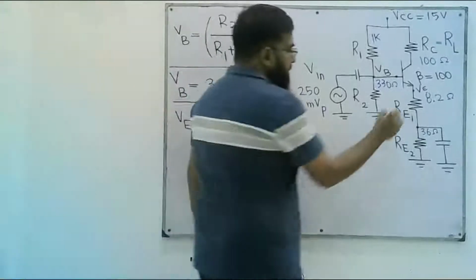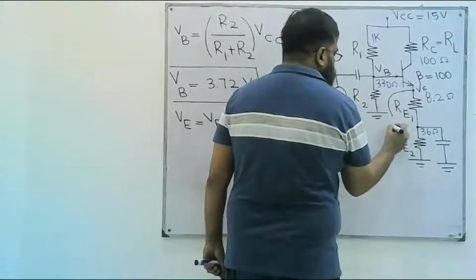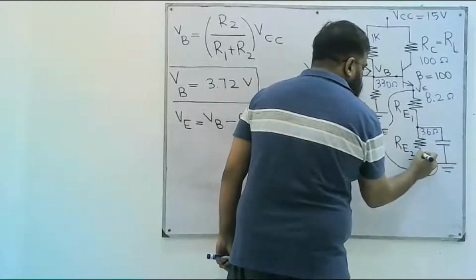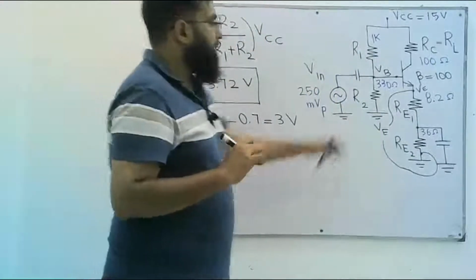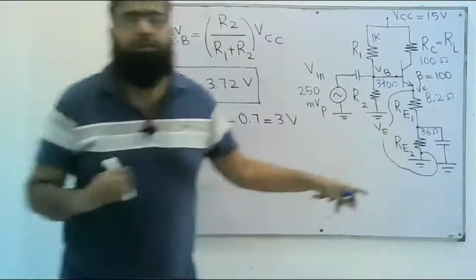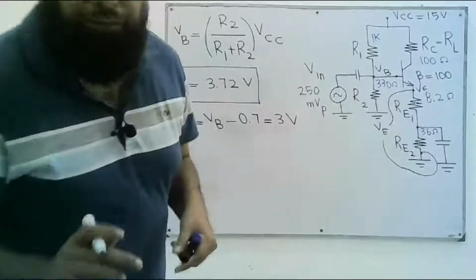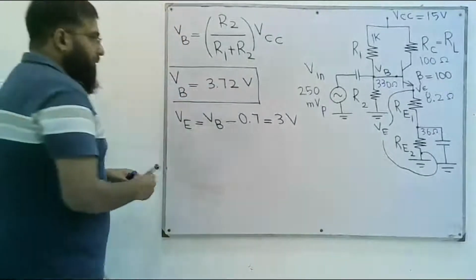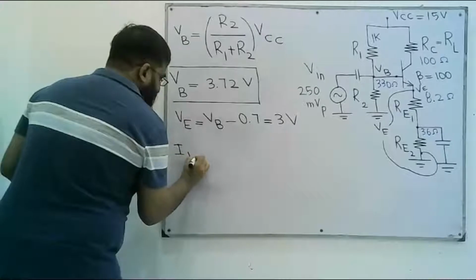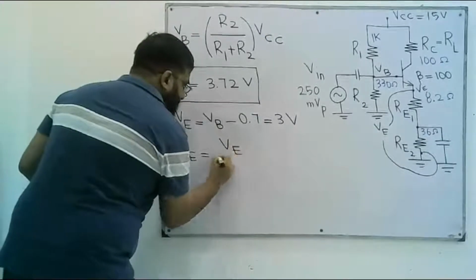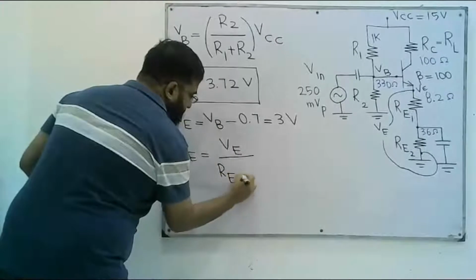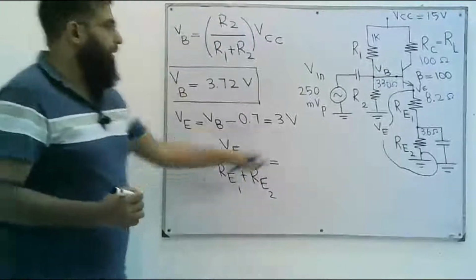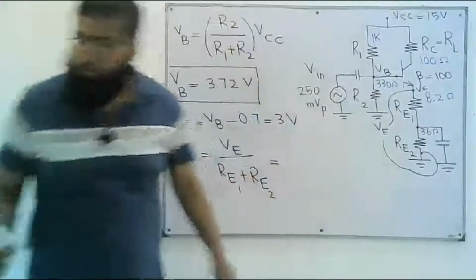Since this VE is the voltage of the emitter terminal with respect to ground, this is the voltage drop across both emitter resistors RE1 and RE2. And we know that RE2 isn't bypassed for DC, it's bypassed for AC only. So therefore, IE would be VE divided by the two resistors RE1 plus RE2. We know VE, we know RE1, 8.2 ohms, RE2, 36 ohms.